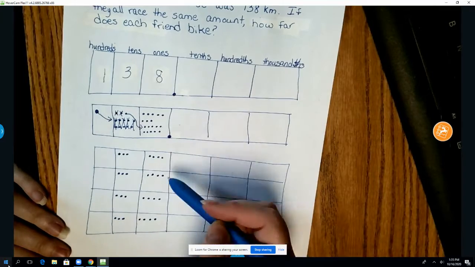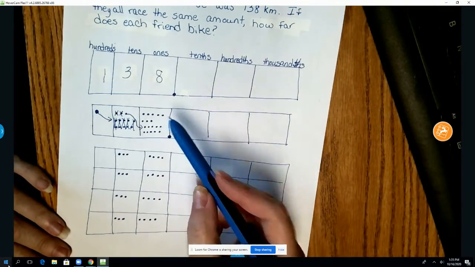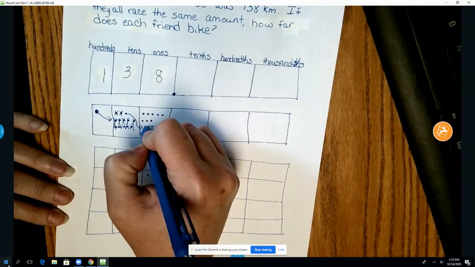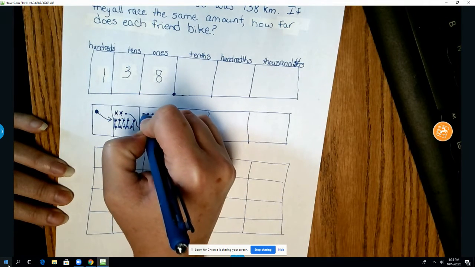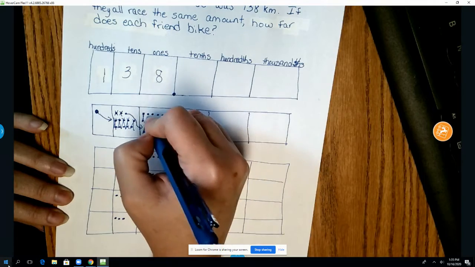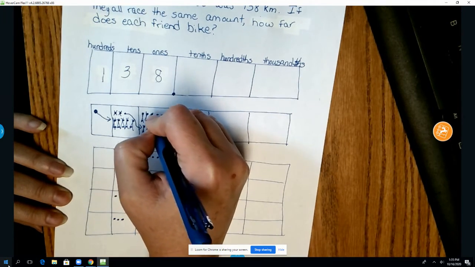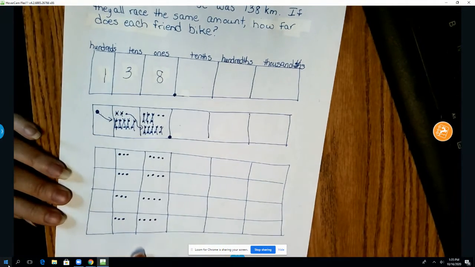And that is 16 of these 18 up here. So I'm going to cross off 16. And I have 2 left over.